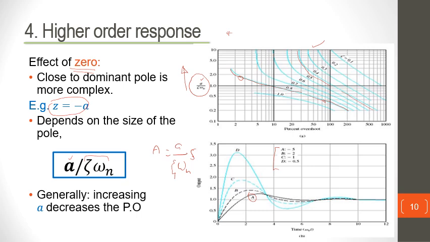But as this value goes higher, then the peak overshoot increases. And so this graph is, in fact, consistent with what's happening here. But the key message here is that a zero that's close to the dominant poles also has an impact on the transient response of the overall transfer function.